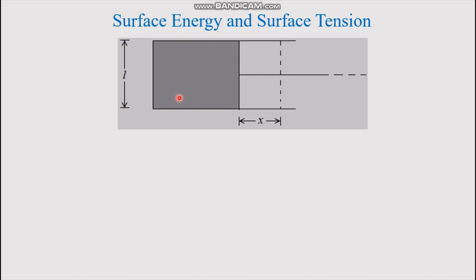Here a liquid film is made, and this film has two surfaces, one is the upper surface, one is the lower surface. Now if this wire is pulled towards the rightward direction, suppose it is in this position. Some displacement has taken place and some extra surface area has been increased.